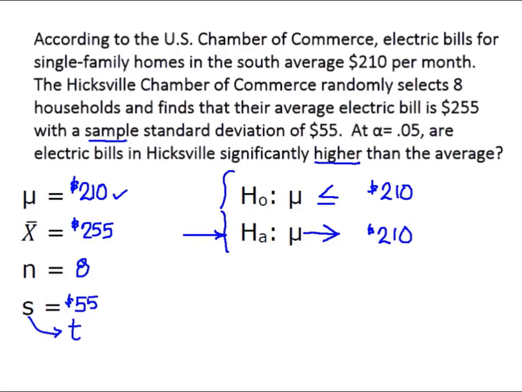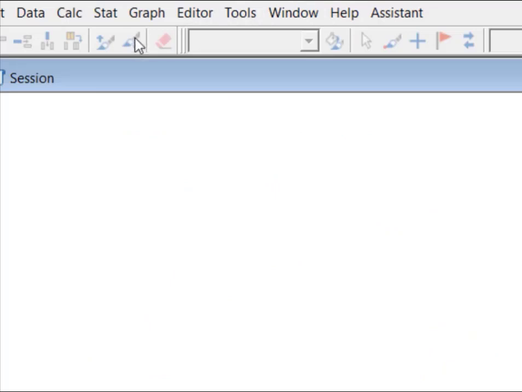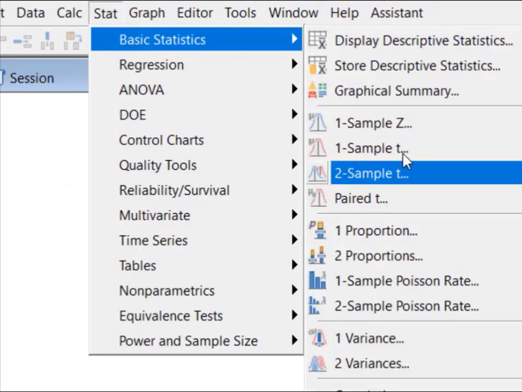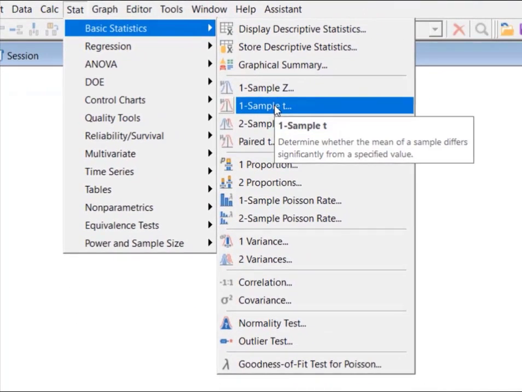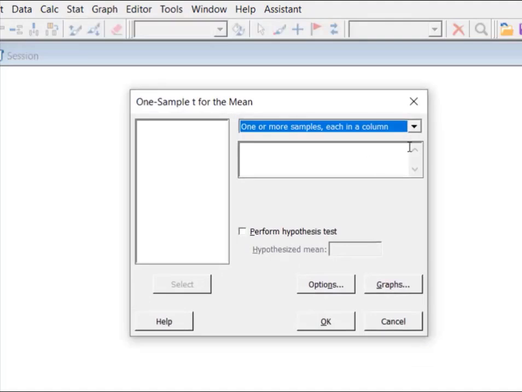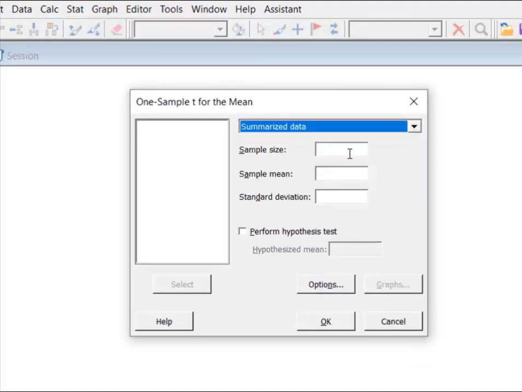Let's plug this stuff into Minitab. In Minitab, I'm going to go to Stat, Basic Statistics, and I'm going to run a one-sample t. Remember, I only have the sample standard deviation. So I have summarized data, and my sample size was 8, and the sample mean was found to be $255 with a sample standard deviation of $55.